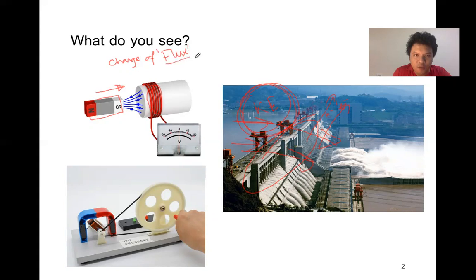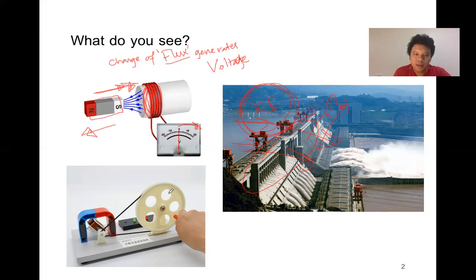The change of magnetic flux generates or creates the voltage. If I move the magnet bar towards the coil, or outside the coil, we can see the change in the voltage, and there is some electricity flow within the coil.